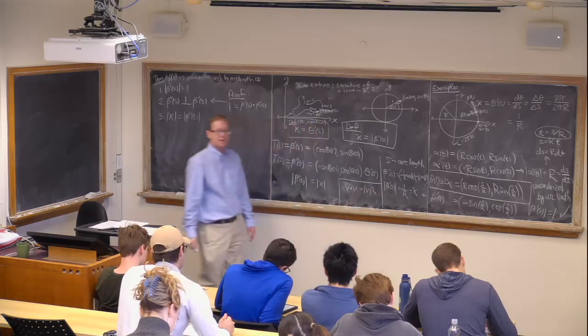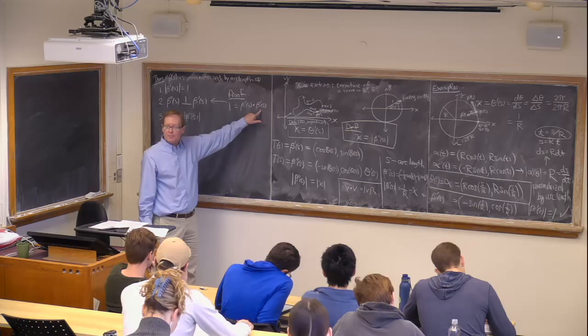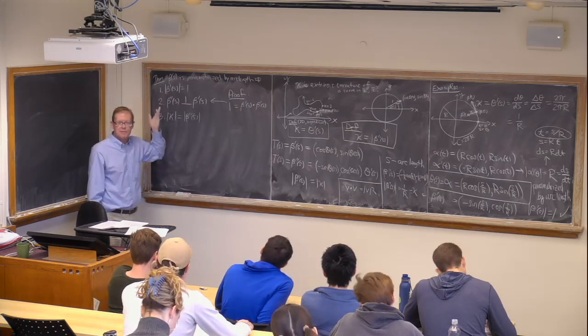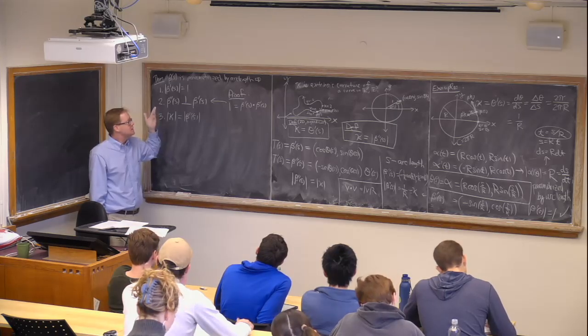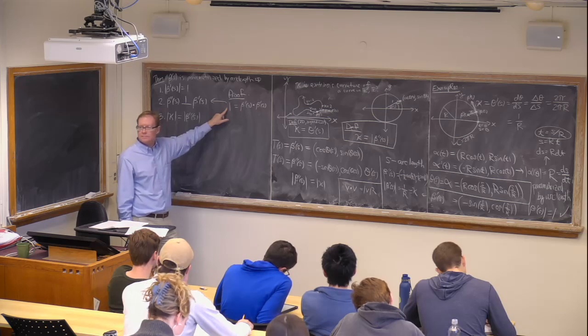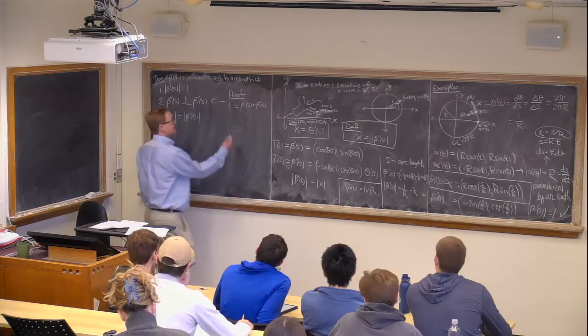I talked about it last week as well. So beta prime of S dot beta prime of S is equal to its length squared, but we're assuming its length squared is 1. That's what it means to be parametrized by arc length. So beta prime of S dot beta prime of S therefore equals the number 1, or 1 squared, which is 1. Now take d/ds of both sides.